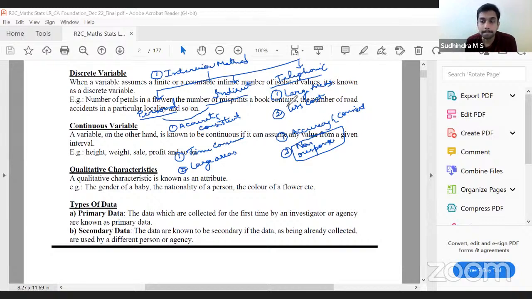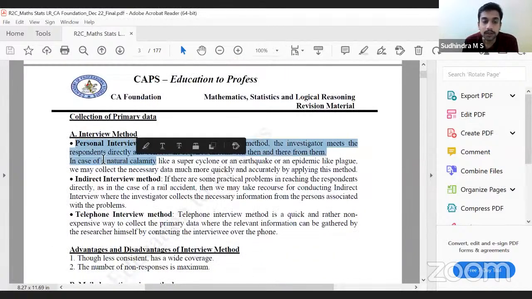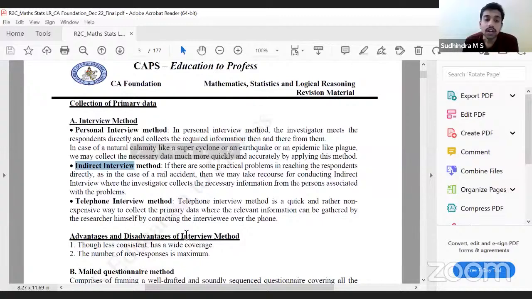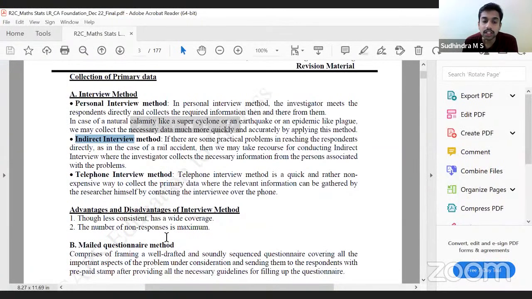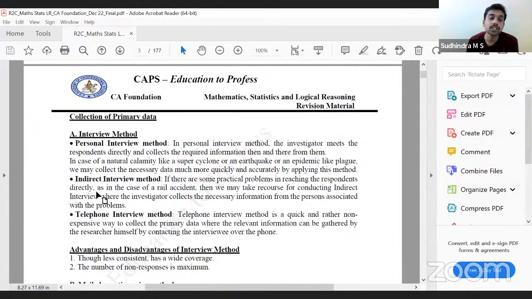Understood? Okay. That is about the interview method. We have three types: personal interview, indirect interview, and telephonic interview. The advantage of the interview method as such, though it is less consistent, is wide coverage and the maximum number of responses, basically in telephonic interview.